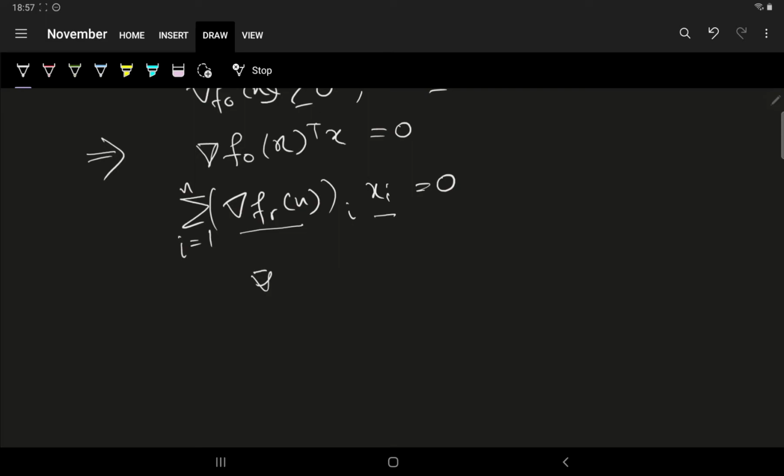It means that all of them must be equal to 0, all these products must be equal to 0 for i equals 1 to n.